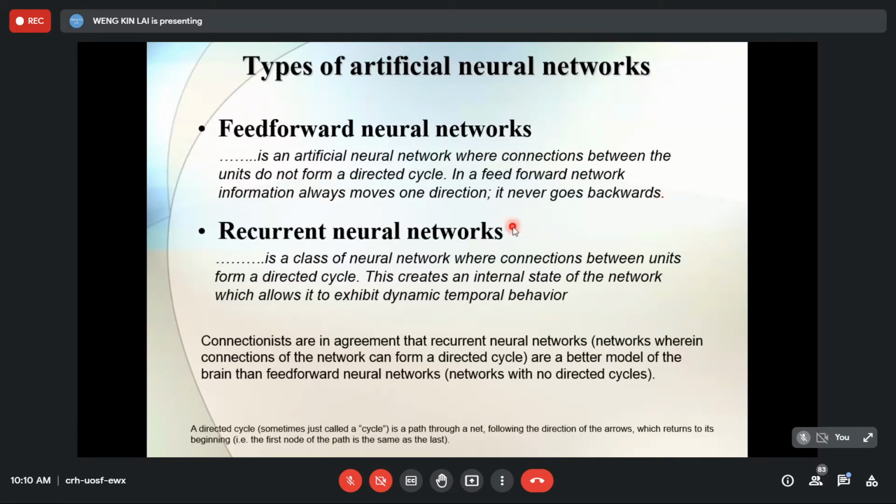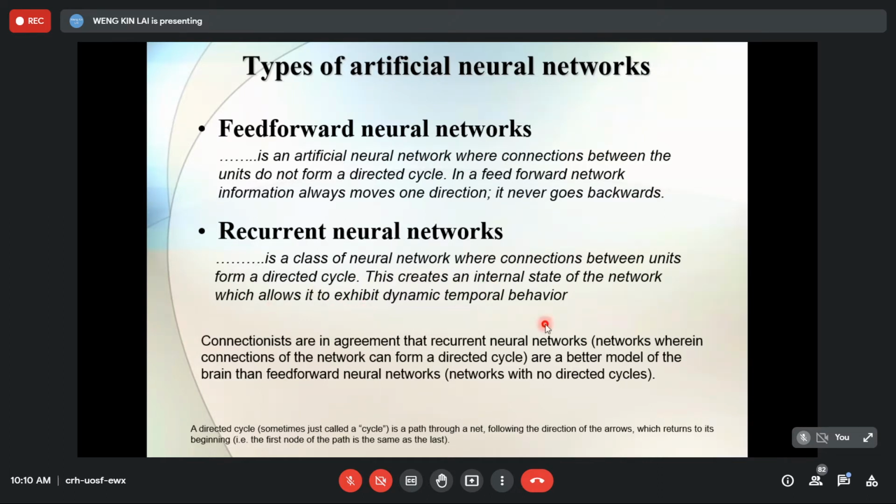On the other hand, recurrent neural nets are a class of neural network where the connections between the units form a directed cycle. So basically, there are feedbacks. Because of the connections which form directed cycles, it creates an internal state of the network which allows it to exhibit dynamic temporal behavior.